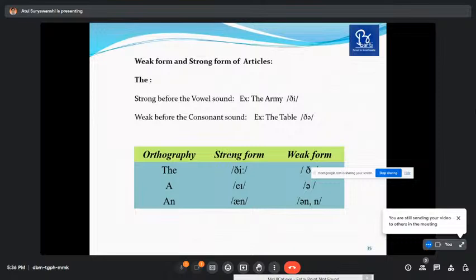For example, the army: as army begins with a vowel sound, we pronounce this "the" as "thee". This is the strong form. Now it is used as a weak form before a consonant. For example, the table.